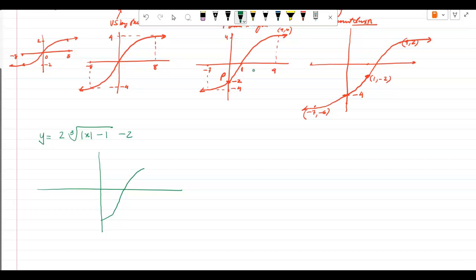You take only the positive side, 1 comma minus 2, minus 4, and you will do this. Correct? That is the answer for this already. You don't take that previous bit on the left side. You just get rid of that. Whether your x is positive or negative, your function is the same. That's mod x. It doesn't matter whether x is positive or negative. So that's what you do when there's a mod x.